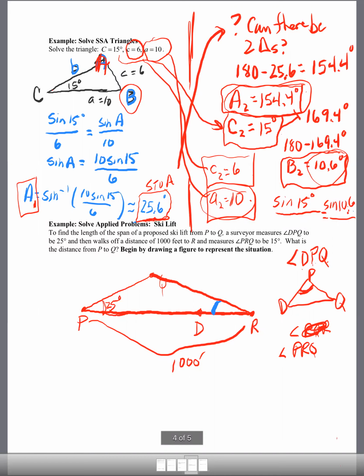And so that is going to be the measure of 15 degrees. The question goes back and says, can you find the distance from P to Q? Well, the distance from P to Q is right here. So that's the distance we need to measure.